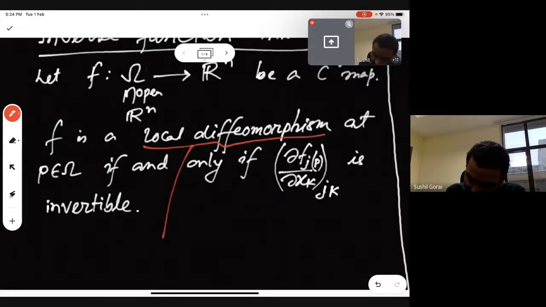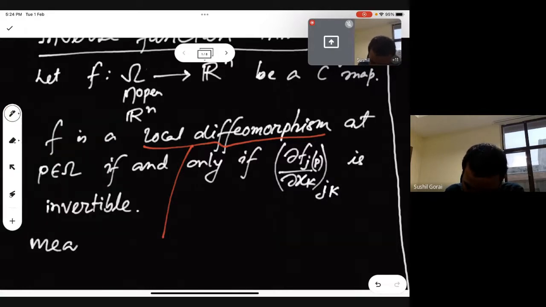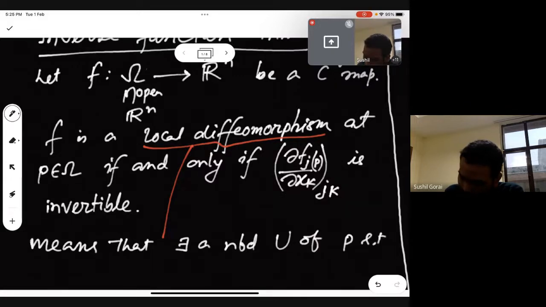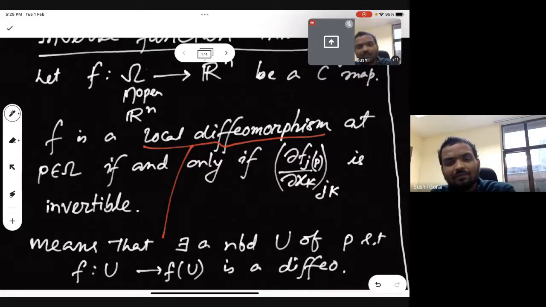This term, local diffeomorphism, means that there exists a neighborhood U of P such that f from U to f of U is a diffeomorphism.